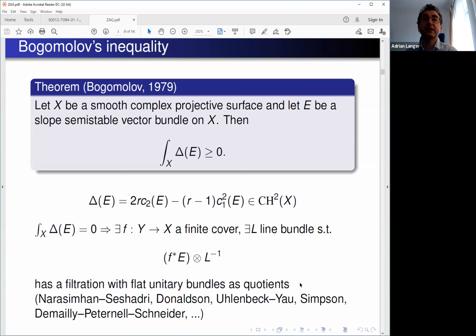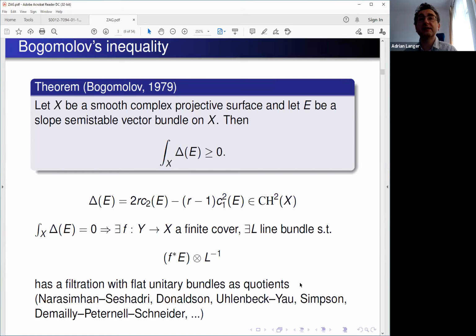Namely, for simplicity, if we have something that is slope semi-stable with respect to whatever polarization, then there exists a finite covering and a line bundle such that the pullback twisted by the dual of this line bundle has a filtration with stable vector bundles with vanishing Chern classes, and these correspond to flat unitary vector bundles.